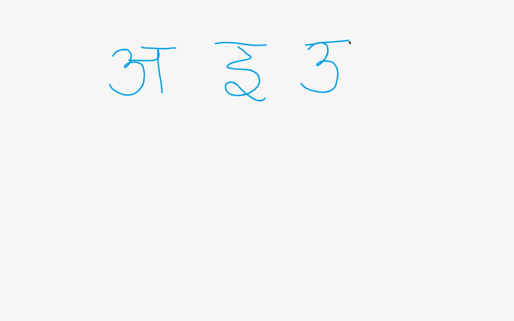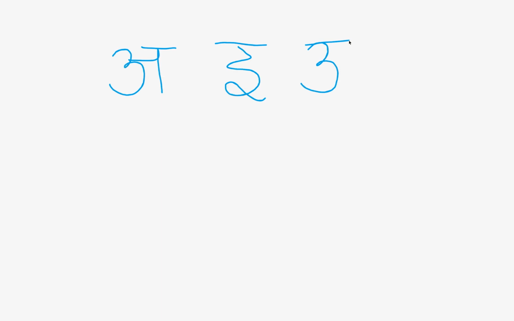No, there is no noise right now. Okay. A, E, U. These are the base or fundamental vowels, the pure swaras, A, E, U. And these are represented in Devanagari script like this.